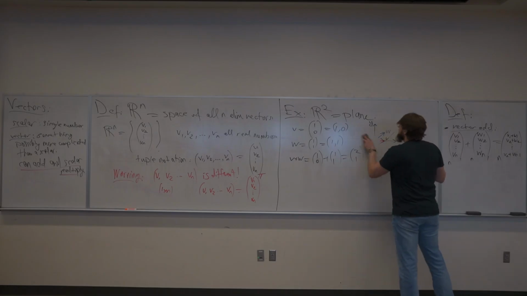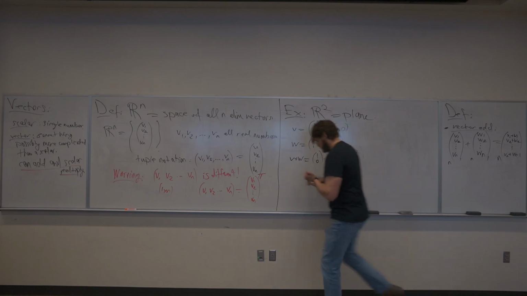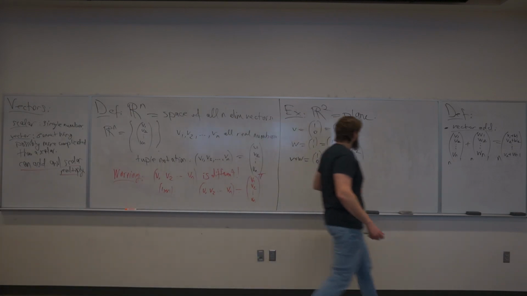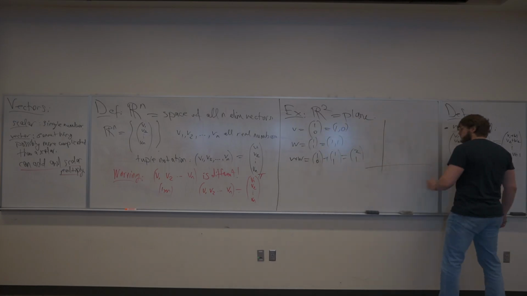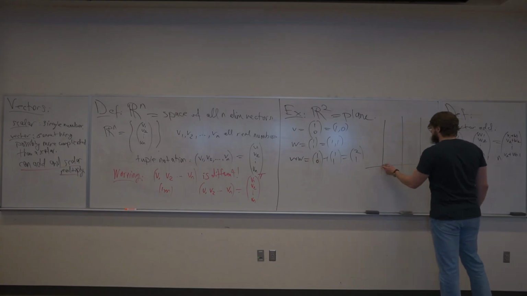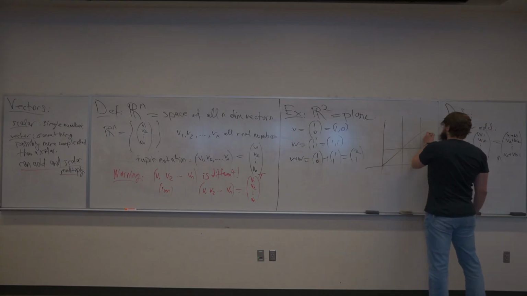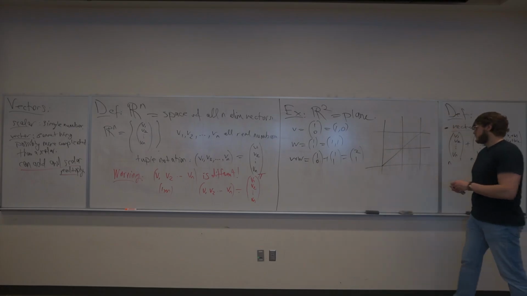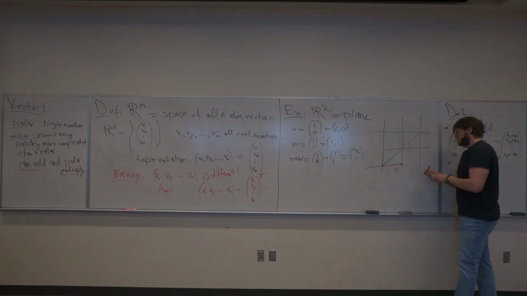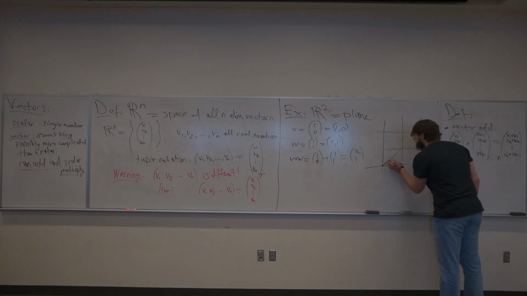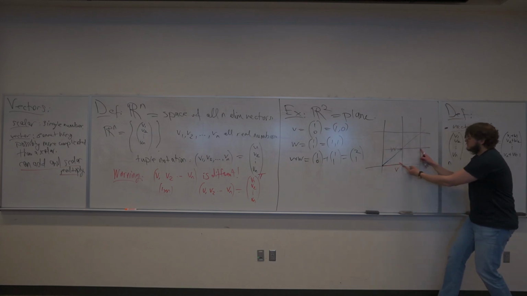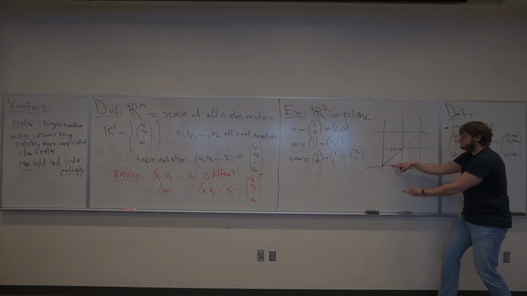I'll draw it better. That's V. This is W. Take this, translate it over here, and adjoin it to the other one.